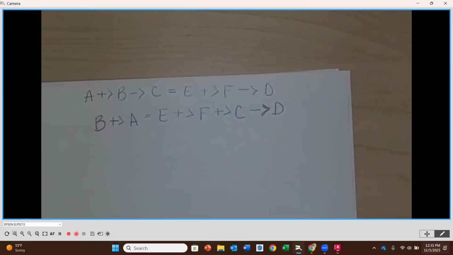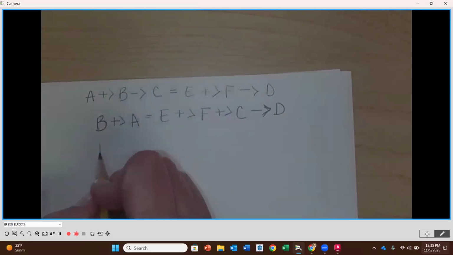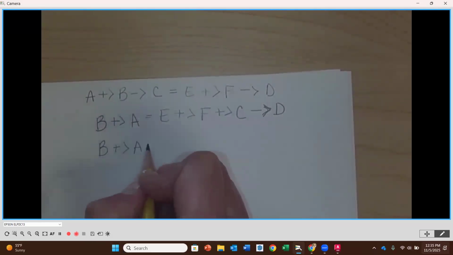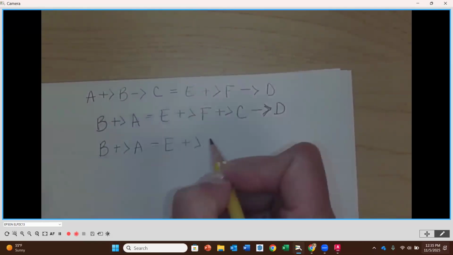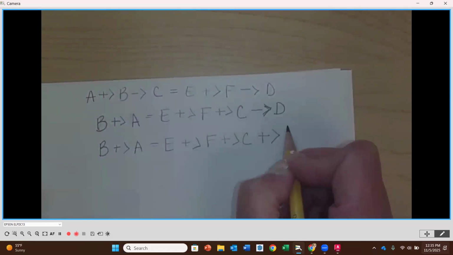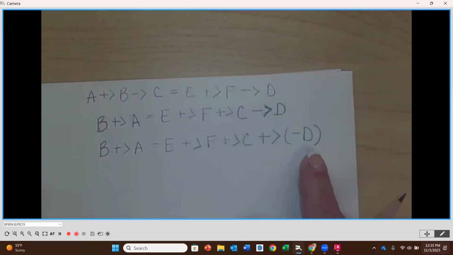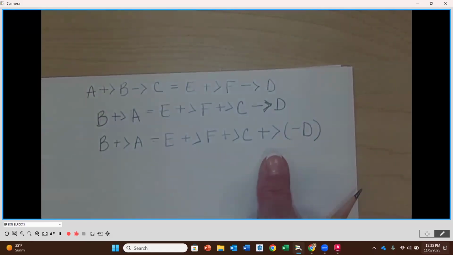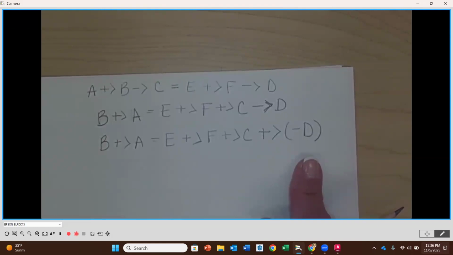The very last thing we're going to do is write this one more time. B plus A is equal to E plus vectorially F plus vectorially C plus vectorially negative D. So this means we're going to add tip to tail, but we're going to change its direction to the negative like we did in our subtraction section the last time we were together.